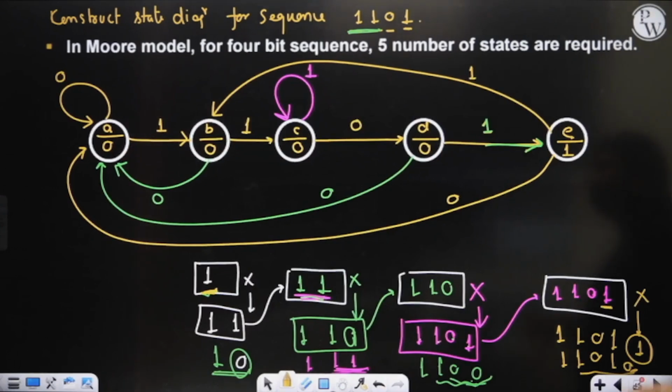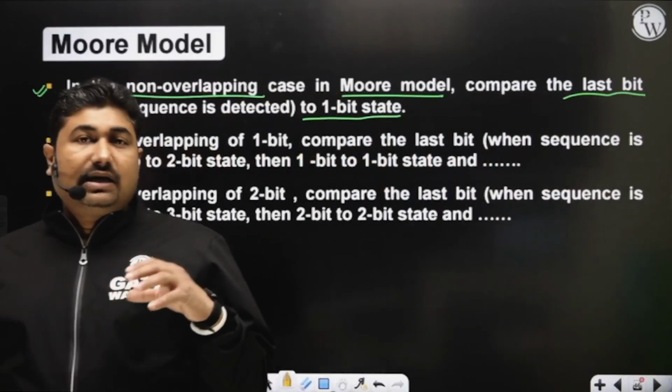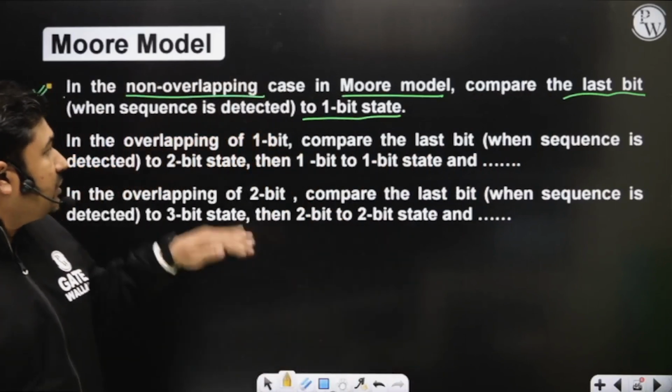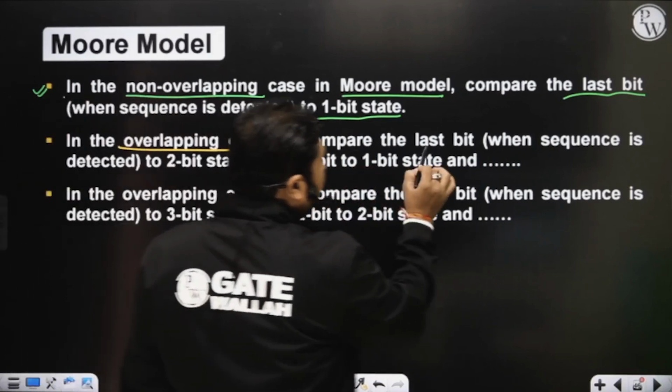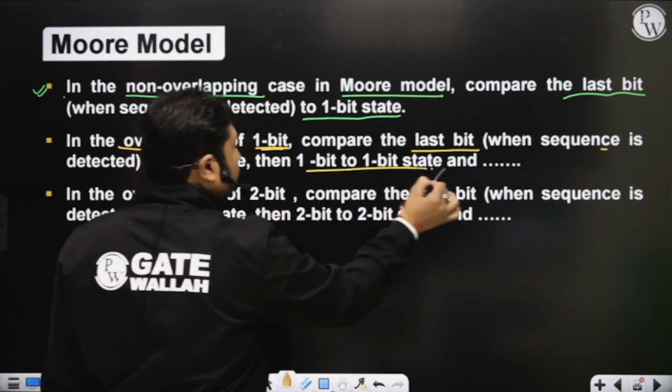So this is how we can construct a state diagram for the sequence detector in the case of the Moore model. In the Moore model, in the case of non-overlapping, we compare the last bit with the 1 bit state. In the case of overlapping, compare the last bit with the 2 bit state, then 1 bit with the 1 bit state.